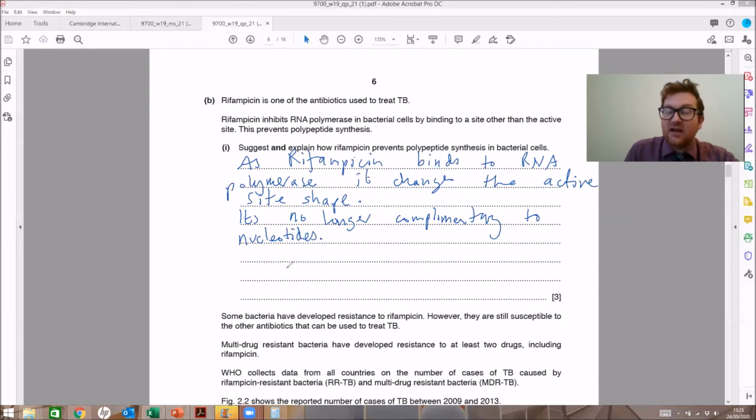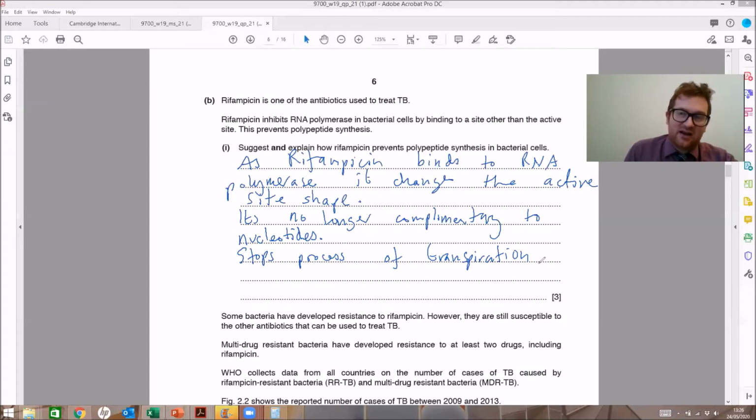Okay, and as RNA polymerase is involved in DNA replication, the idea is that it's effectively stopping the process of transcription. Okay, so it stops the process of transcription, and this is because if the enzyme can't bind to the correct nucleotide to start the process of transcription, then, well, there's not going to be any mRNA made.